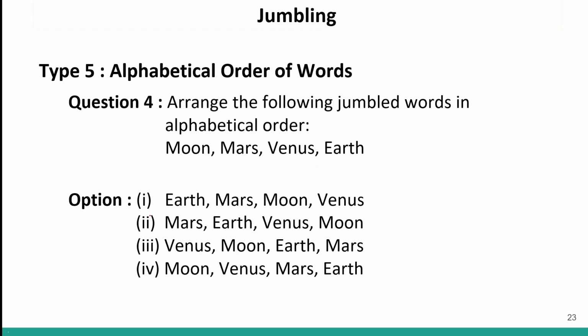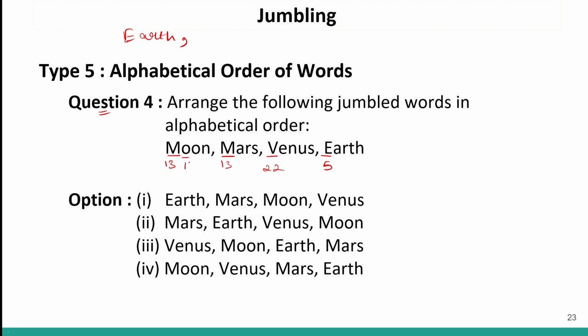Okay. Now, question number 4. Moon, Mars, Venus, Earth. So M is 13. This is also 13. V is 22 and E is 5. So the first word will be Earth. Correct? Now we have to see whether moon comes first or Mars comes first. That means we'll move on to the next letter, the second letter.